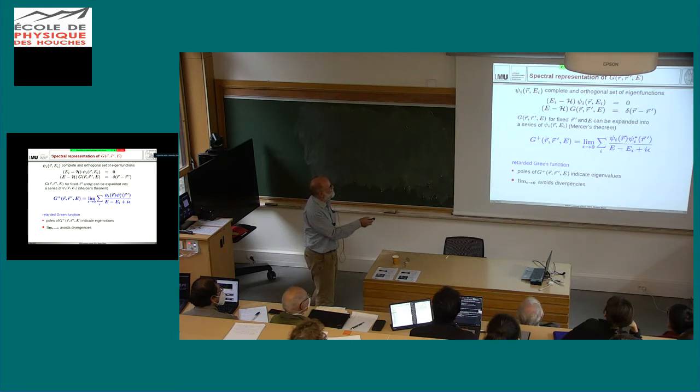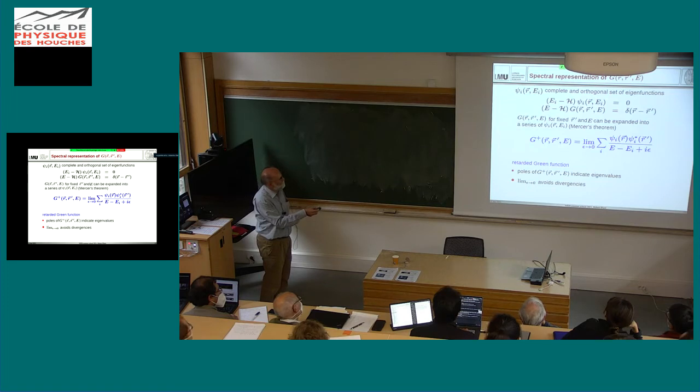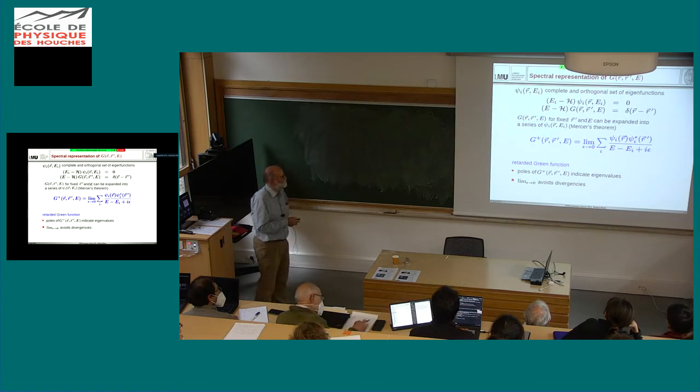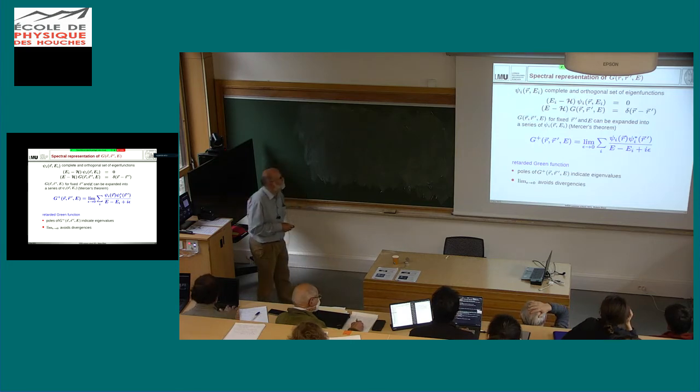So this I and this I are the same, but this I is the square root of -1. You're right. So this is the square root of -1. And so with that choice with plus, we get the so-called retarded Green's function, and that means, in other words, we are always somewhat a bit above the real energy axis, going, so to say, a bit into the complex plane to avoid divergences. We come to that point later on once more.